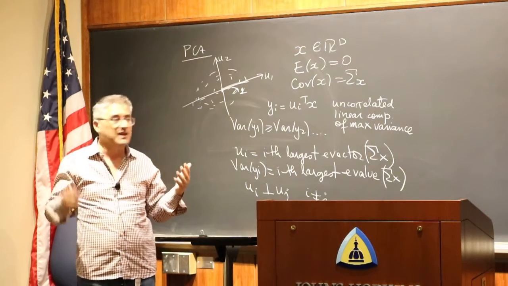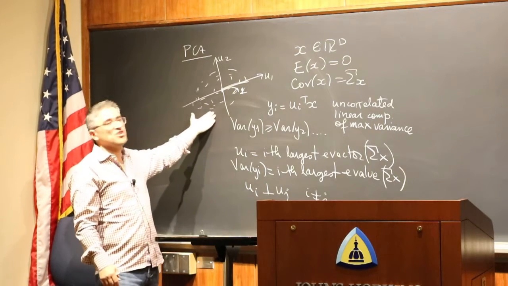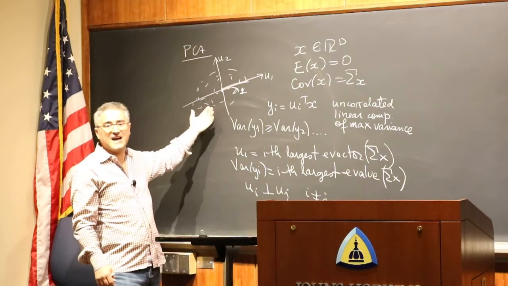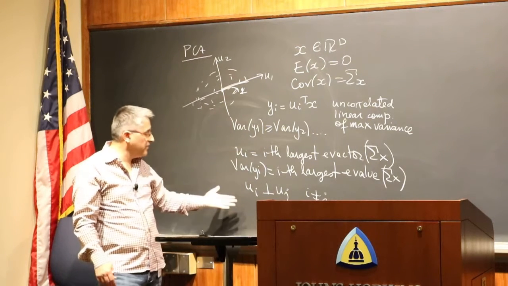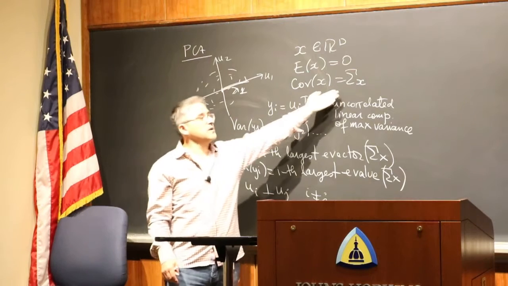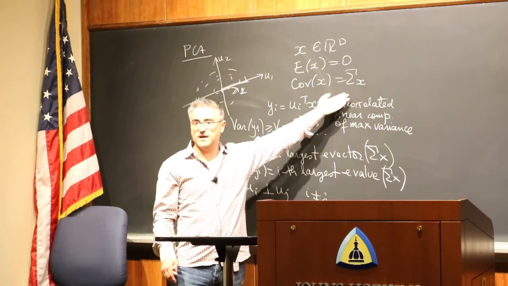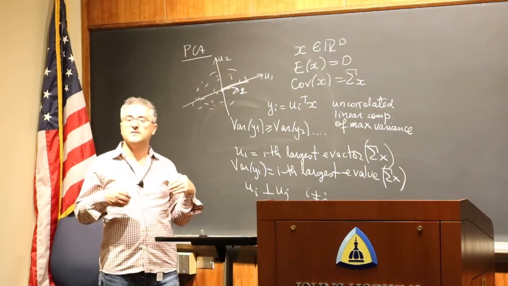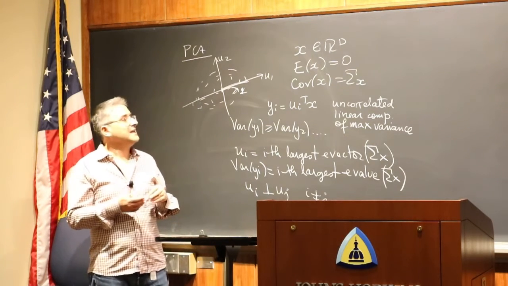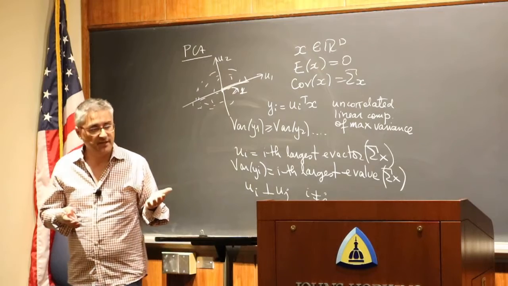But effectively, this picture that I draw here is not quite correct, because I don't have a data point insofar. Everything is just done from that covariance matrix, sigma x. So the next step is really going to be, how do I do it from data? And that's going to be the second part of the lecture today.